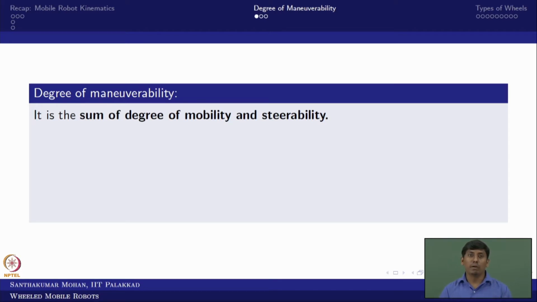Although the degree of freedom of the car is 3, the number of controllable inputs is 1 translation, which we call the mobility, providing the traction on the wheel, and the other is steerability, where the steering provides that action. So the degree of maneuverability is nothing but the sum of degree of mobility and steerability.